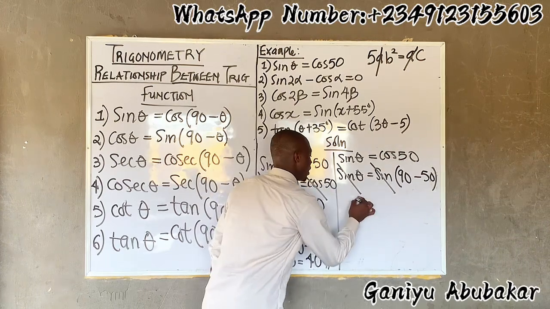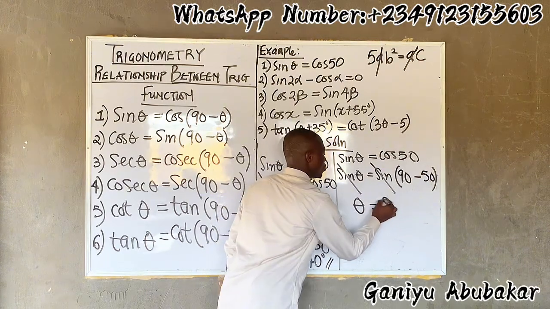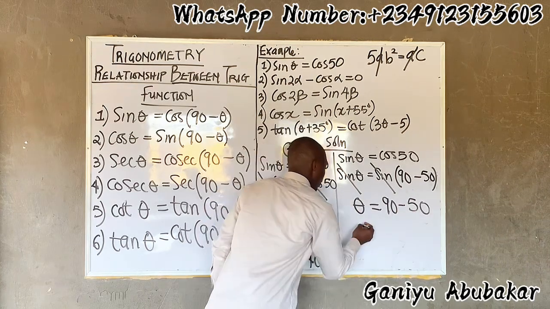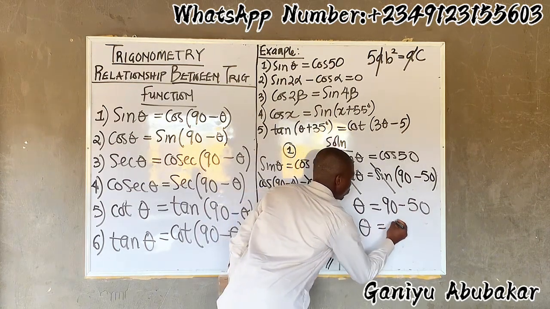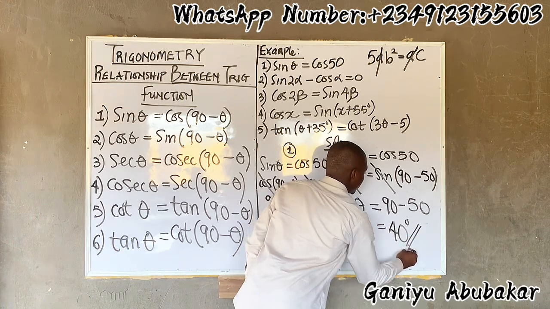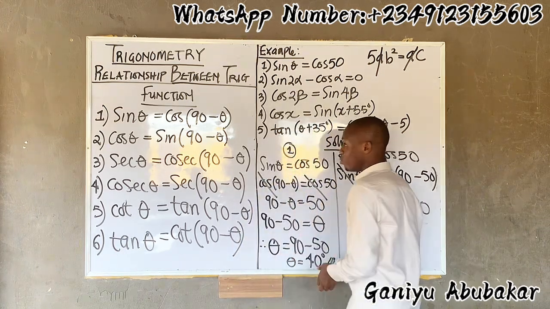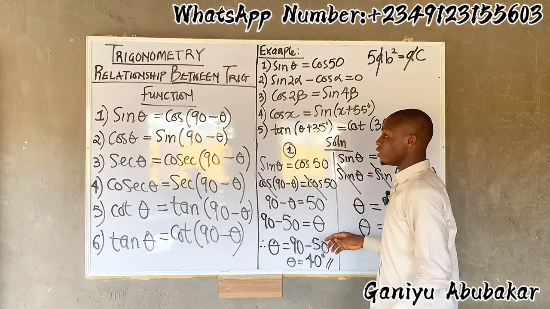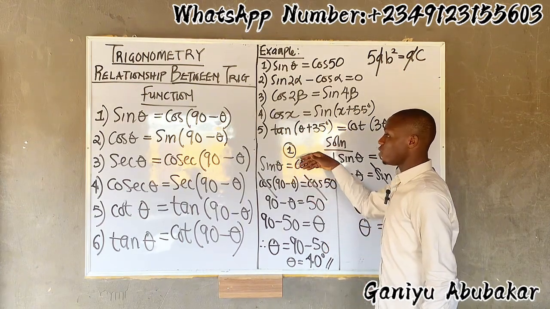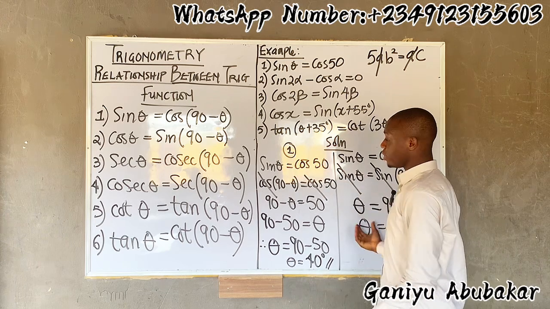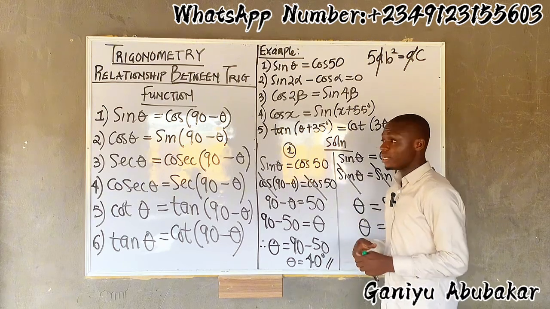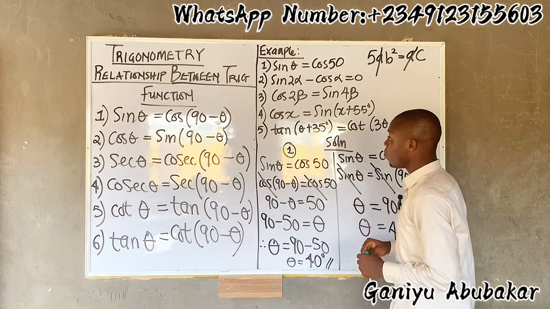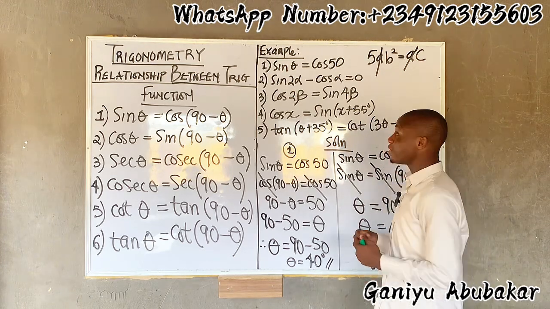I'll have that theta is equal to 90 minus 50 straight up, and from here theta is equal to 40 degrees. So this is how I solve problems of this nature, right? You can do it in 2 ways and still get the correct answer.